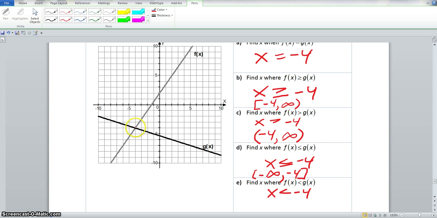But for all x values less than -4, your g of x is actually greater than your f of x. So our interval notation would be a parenthesis, -infinity, comma, -4, and we would end it with a parenthesis because the -4 is not included. And that is it for that problem.